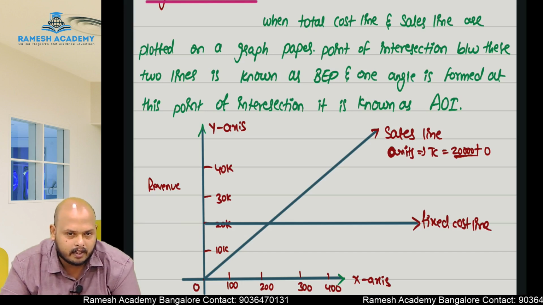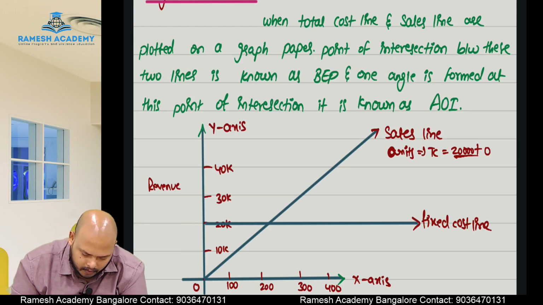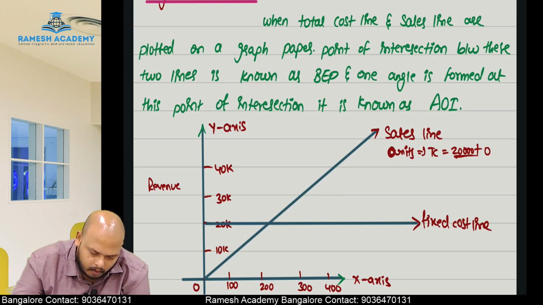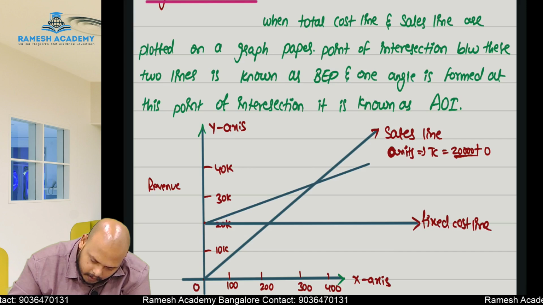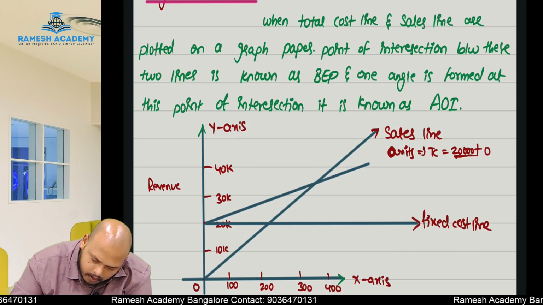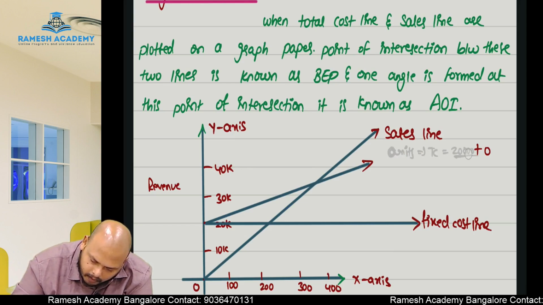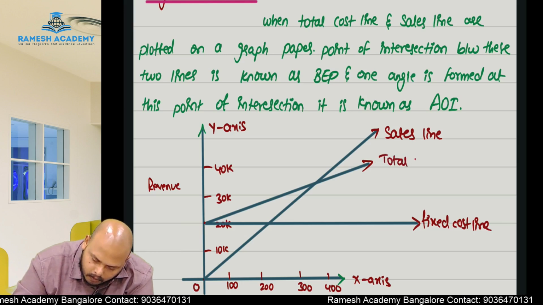It means the fixed cost line will start from here. So now let us draw the fixed cost line. It will start from here and it will move like this. This line we will call which line? Total cost line, not fixed cost, total cost line.